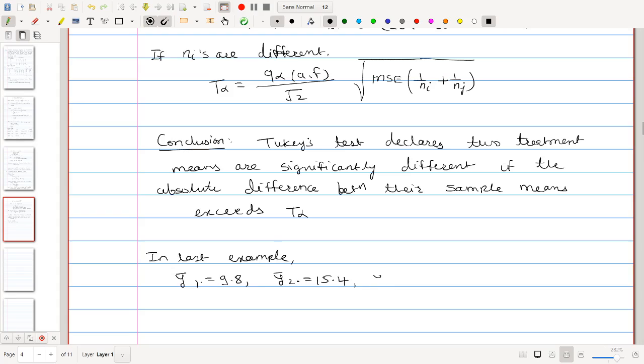If you remember, y bar 3 dot is 17.6. Y bar 4 dot is 21.6 and y bar 5 dot is 10.8. You know MSE is 8.06 and n, number of times each treatment is replicated, is 5.